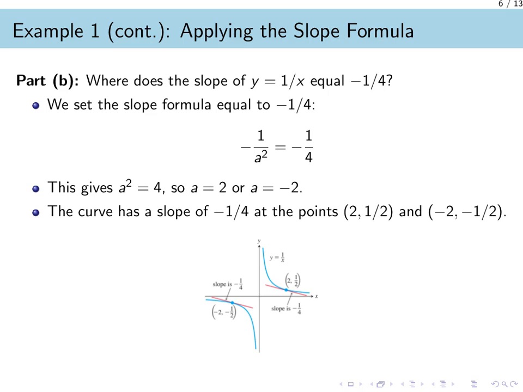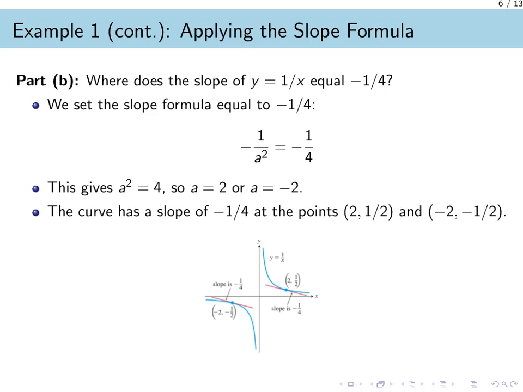Now we can use our slope formula to work backwards and find the points on the curve that have a specific slope, in this case, -1/4. We start with the general formula for the slope at any point a, which we found to be -1 divided by a squared. To find where the slope is exactly -1/4, we set our formula equal to this value. This gives us the simple algebraic equation -1 over a squared equals -1 over 4.